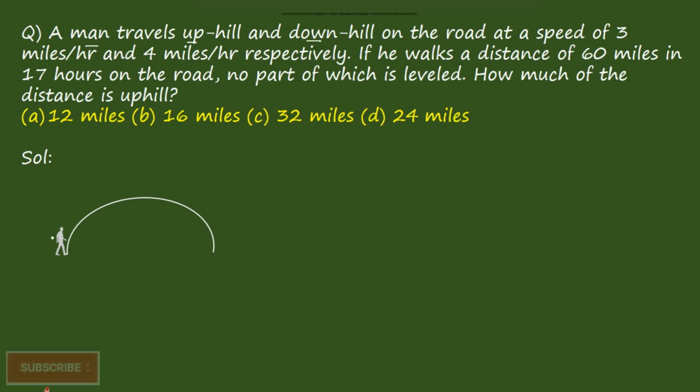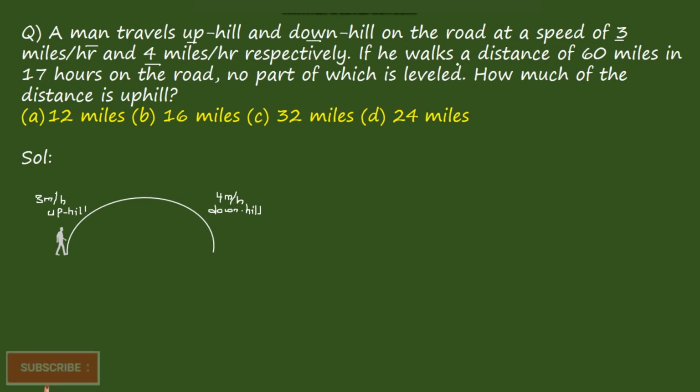If you consider a man here, he is moving uphill and moving downhill. They are saying that the speed is 3 miles per hour and 4 miles per hour. So the uphill speed is given as 3 miles per hour, and the downhill speed is 4 miles per hour.